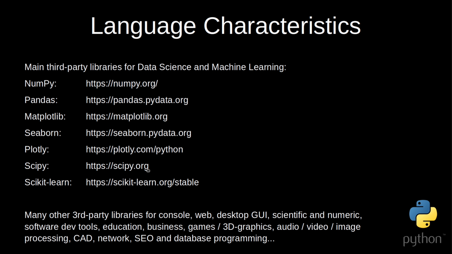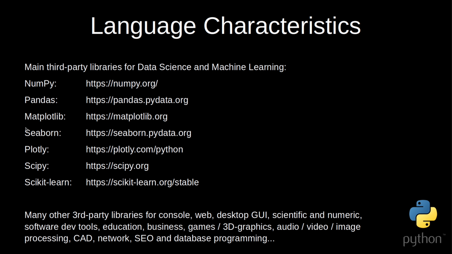So here, just as a reference, we have the domains or the URLs of each of those main libs or packages that are extensively used in data science and machine learning, which are numpy, pandas, matplotlib, seaborn, plotly, scipy, and scikit-learn. You can check here on the right each respective site for those libs. Every lib in Python has its own site with its own documentation and its own supportive community.